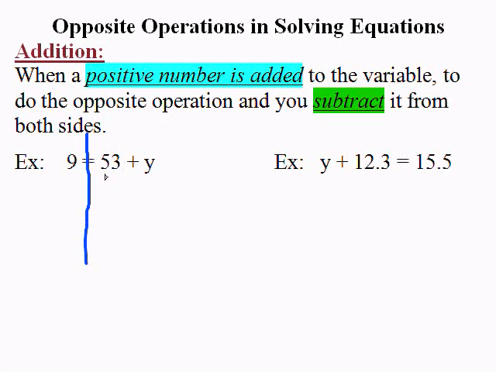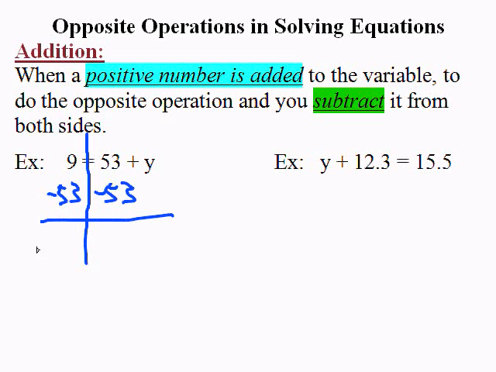And we have a 53 plus y. Notice a positive number is added to the variable. To do the opposite operation, remember that's our second rule of the game, we have to subtract it from both sides. So I'm going to subtract 53 from both sides of the equation.